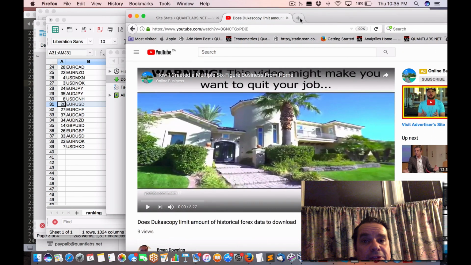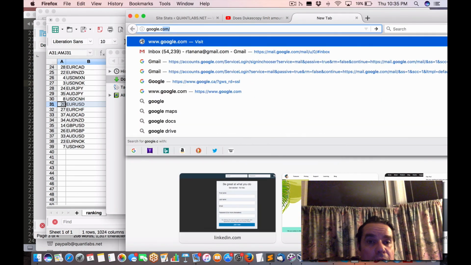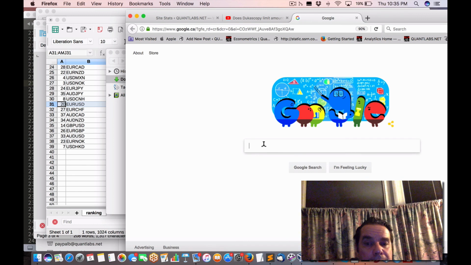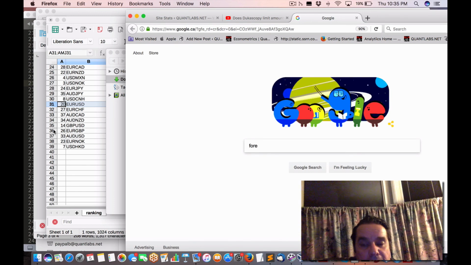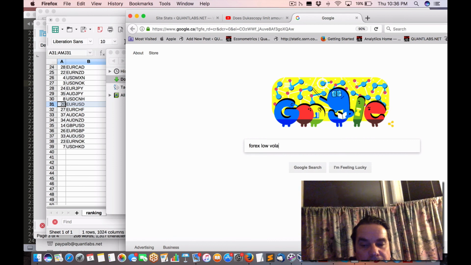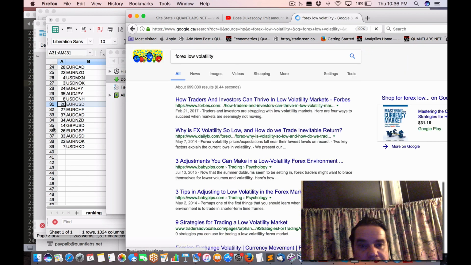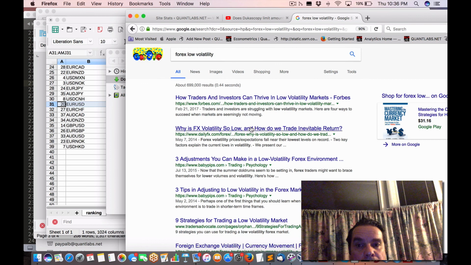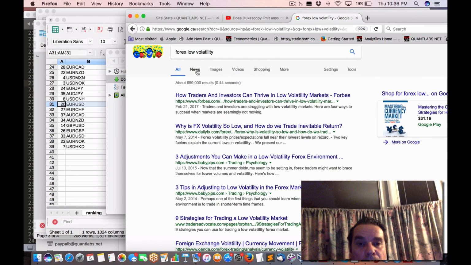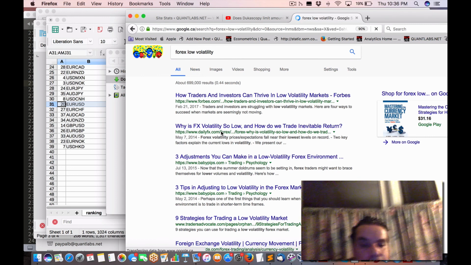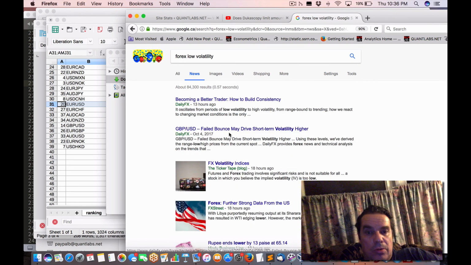Okay, so if I did a search for forex low volatility, to see what it says in the most recent news, because I know there was a chart on Bloomberg earlier today, FX low volatility.